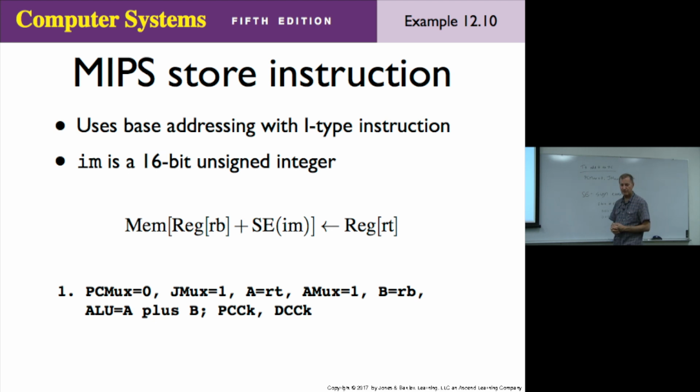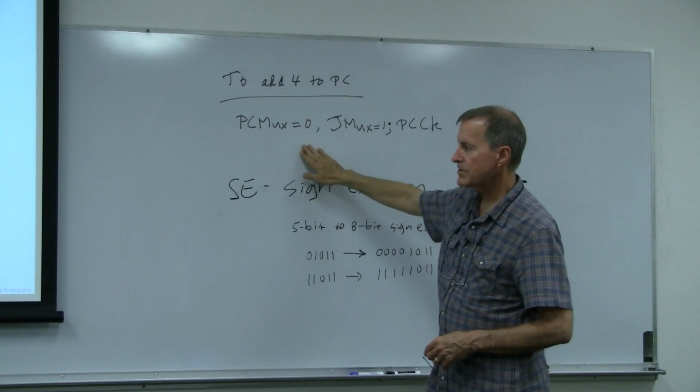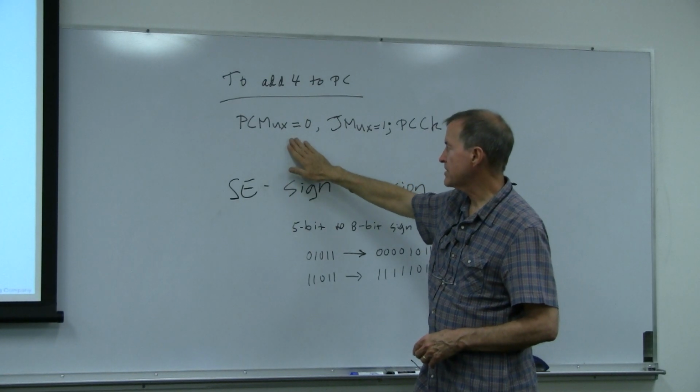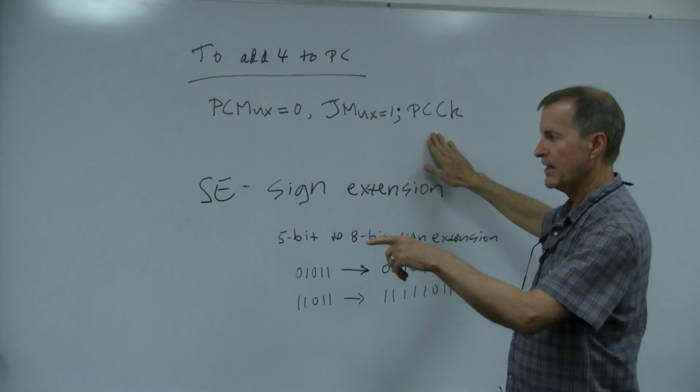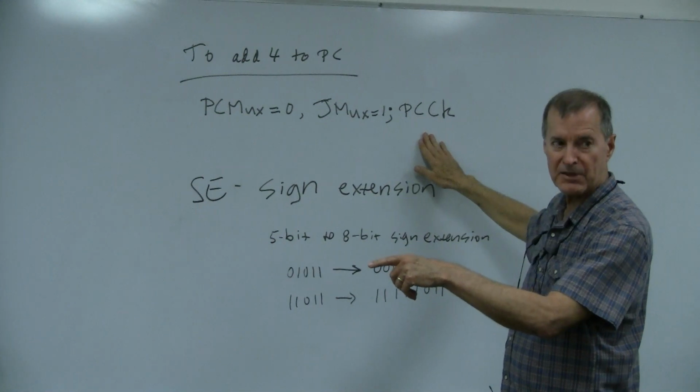CPU to memory. So it takes whatever's in register RT and it sends it to that address in memory. So basically it's a combination of this. Do we have these control signals? PCMux is 0, JMux is 1, and then at the end a PCCK, are you with me?